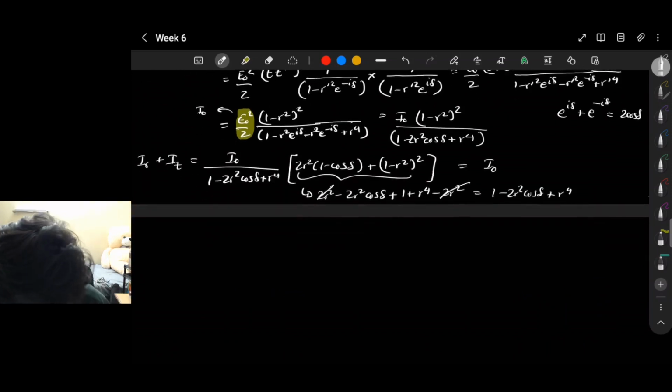But now we can write these reflected and transmitted intensities slightly differently by making use of some trigonometric identities. So we'll make use of the following trigonometric identity.